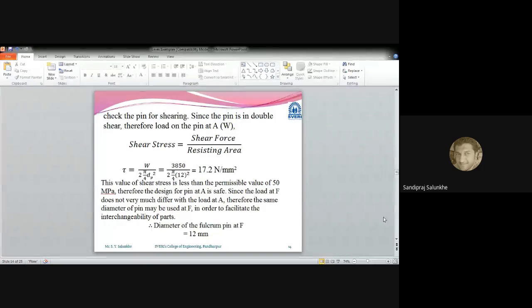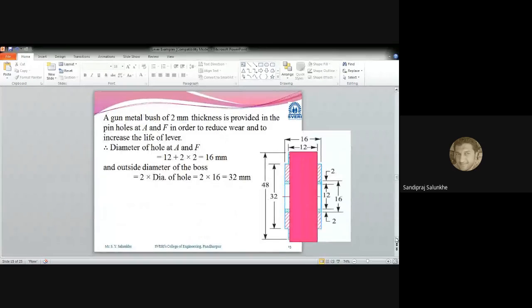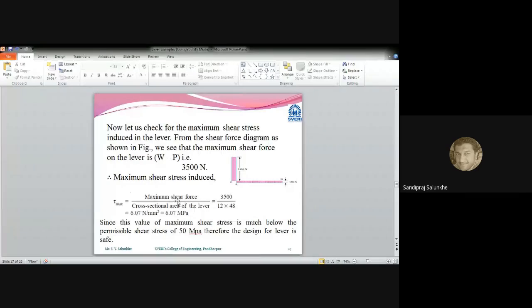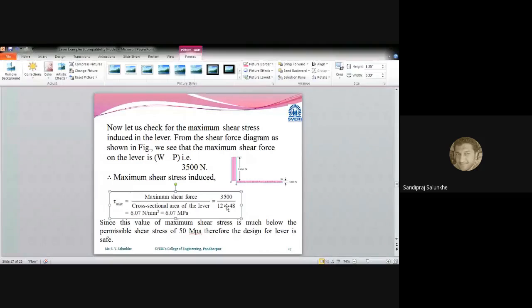This is shear of pin. The cross section area of that lever we consider as thickness multiplied by width, that is T multiplied by B, 12 multiplied by 48.